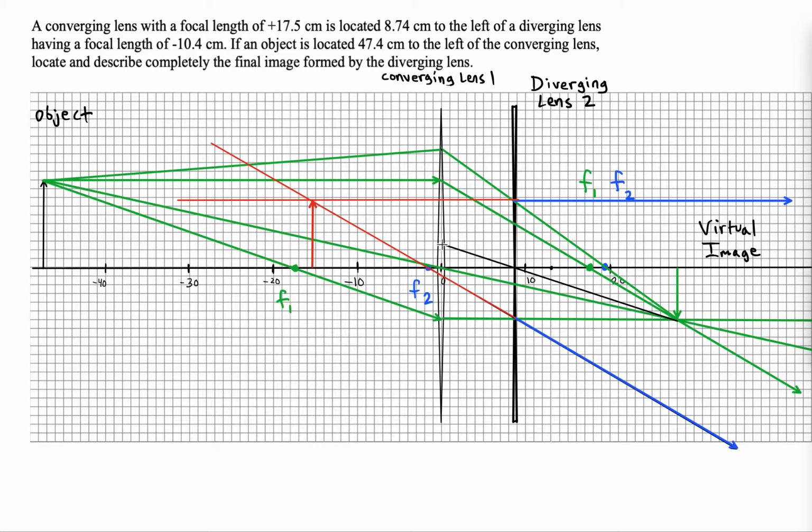Okay, but if it did that, it wouldn't be bent. So this ray would be an important one, and as you can see, it extends back to touch the final image as well.